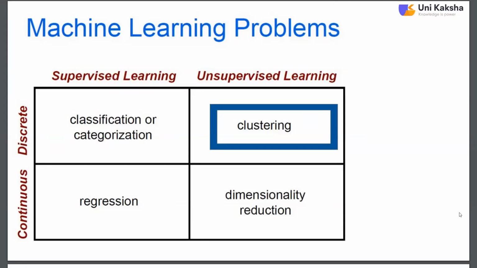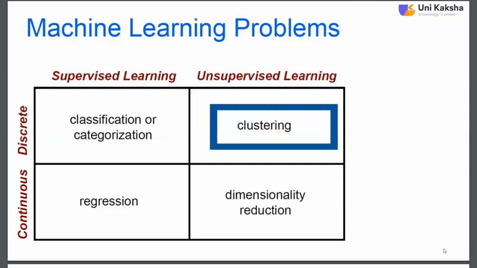Next is dimensionality reduction. We can use dimensionality reduction algorithms like PCA, that is principal component analysis, and LDA, that is linear discriminant analysis. We can also use lasso regression. These different algorithms reduce the storage capacity required as well as the dimensions.